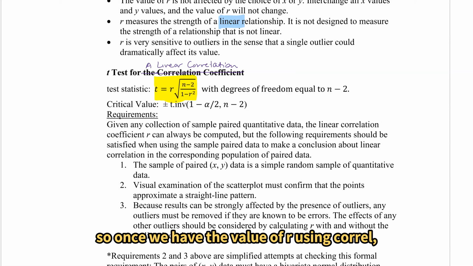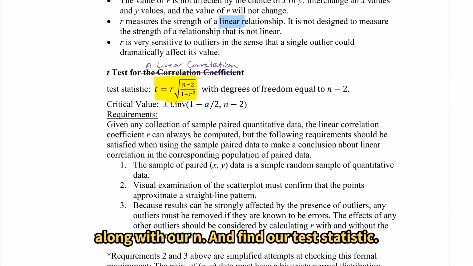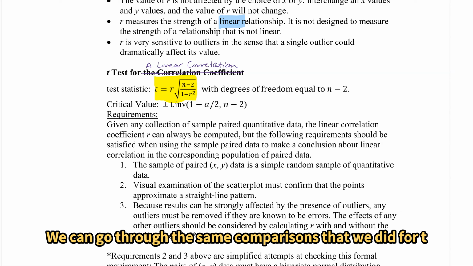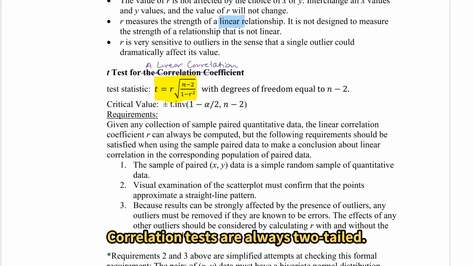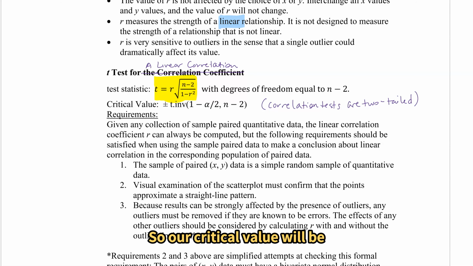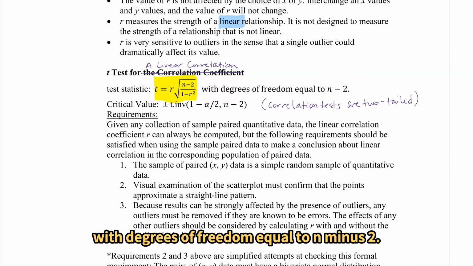So once we have the value of R using CORREL, we can plug that in along with our n and find our test statistic. We can go through the same comparisons that we did for t-tests in chapters 8 and 9. Correlation tests are always two-tailed. So our critical value will be plus or minus T.INV of 1 minus alpha over 2 with degrees of freedom equal to n minus 2.